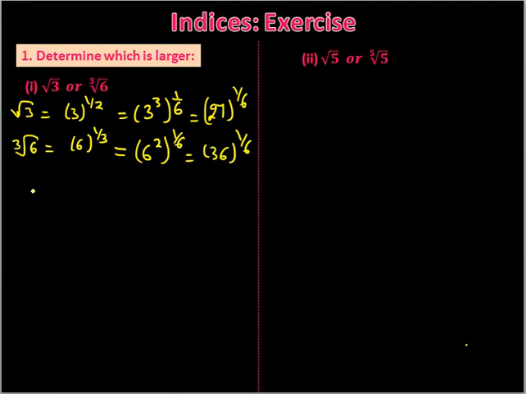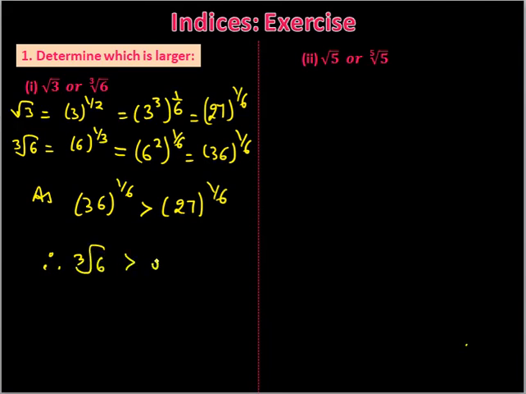So you can very well see that 36 with an exponent 1 by 6 is greater than 27 with an exponent 1 by 6. Therefore, we can say cube root of 6 is greater than square root of 3. So in order to make them comparable, we need to see that their exponents are same.